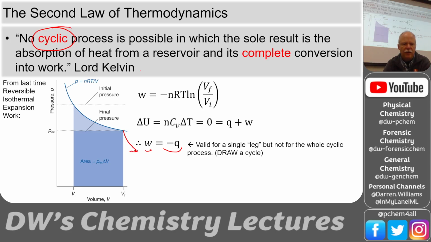And then, since this is a colder temperature now, if no heat flows in and we expand it, the temperature drops. And so now we're at a colder temperature. And then if we do an isothermal compression and push it back uphill a little bit, we reset the system by putting work into it, and then we bump it up with an adiabat here, then we've got a cyclic process.